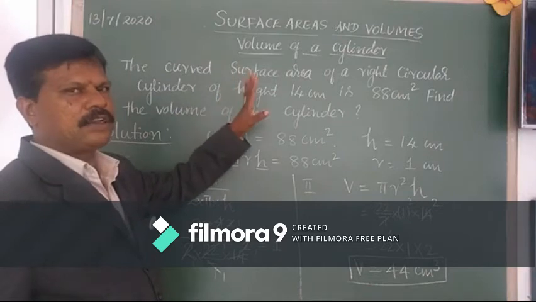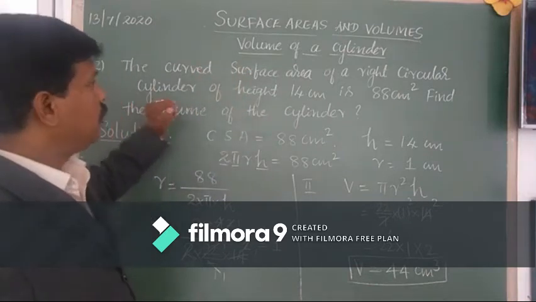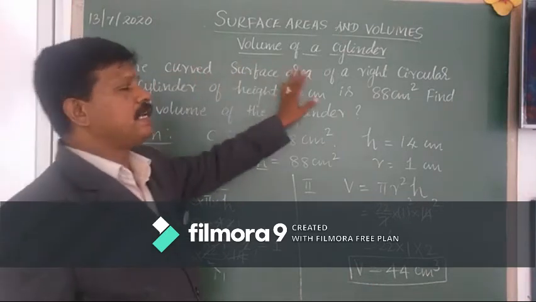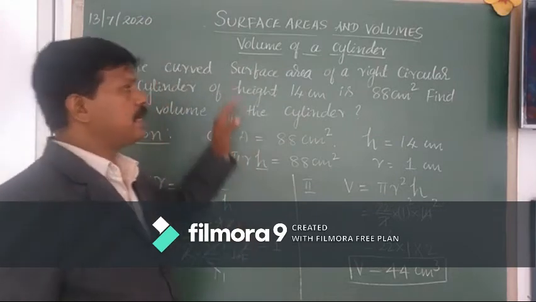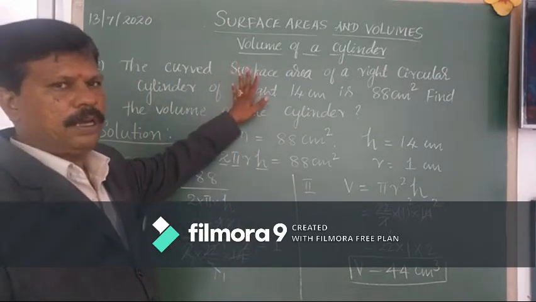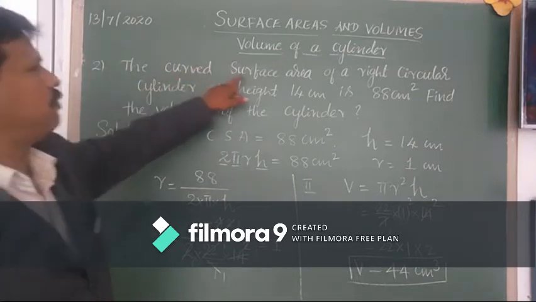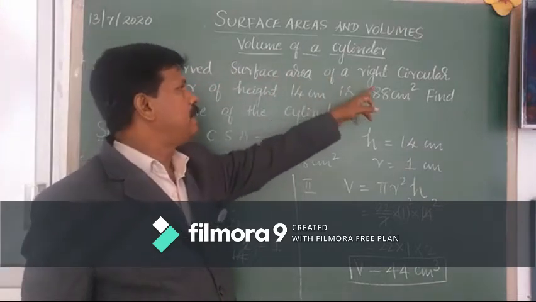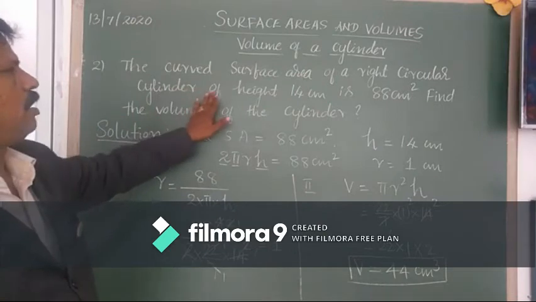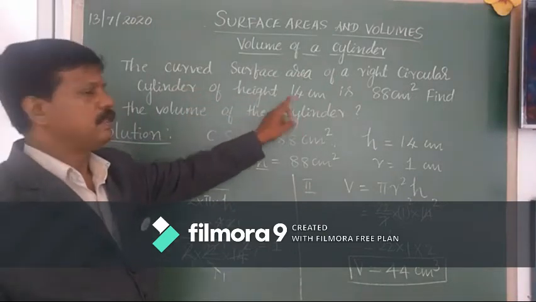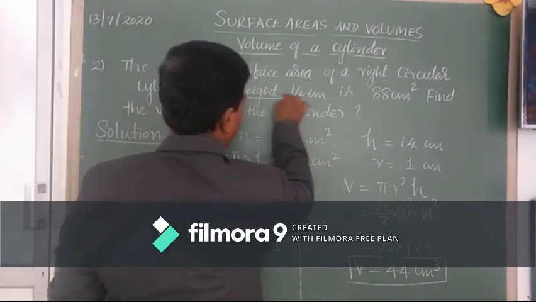That means a right circular cylinder when its curved surface area is given. Clear? So look once again. The curved surface area of a right circular cylinder of height 14 centimeter. See, this is the height.